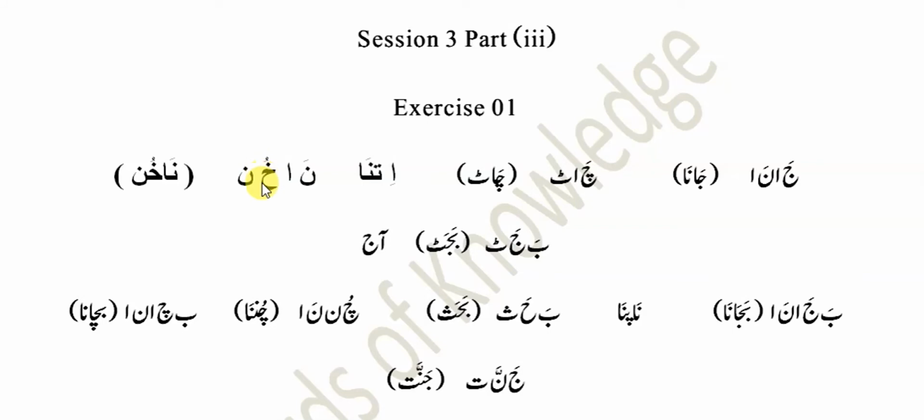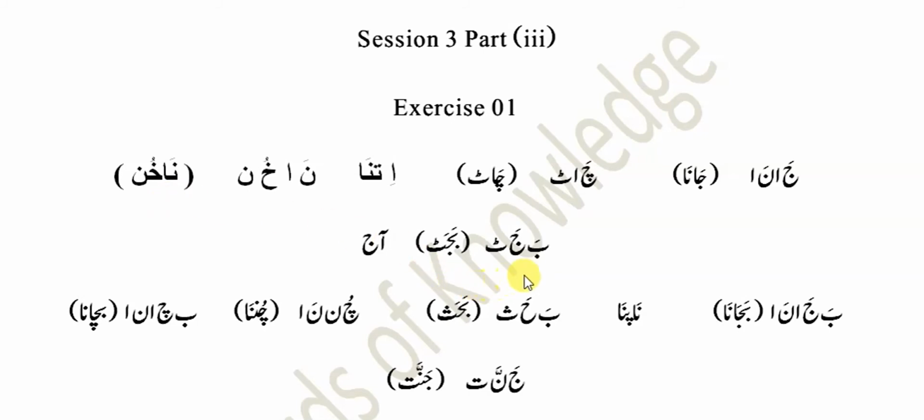It is called Pesh sign. So we'll read it like He Pesh Noon. So the whole word, we'll pronounce it like Noon Zabar Alif Na, He Pesh Noon Hun. So the whole word would be Nahun.